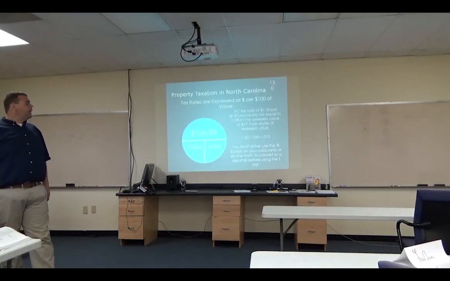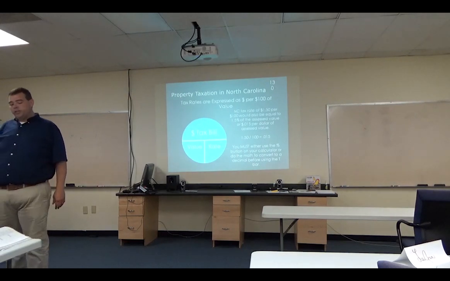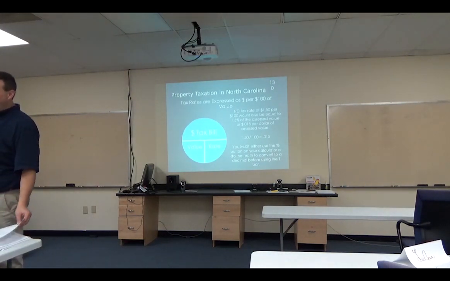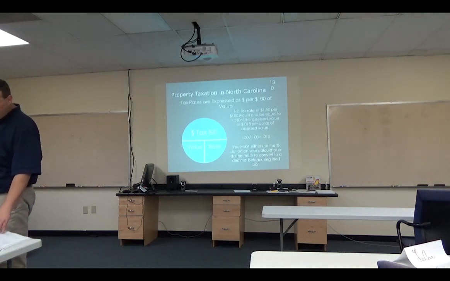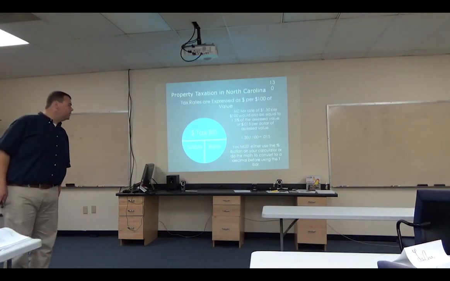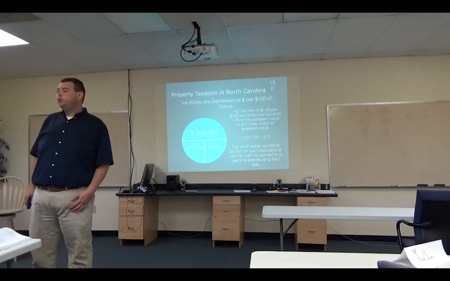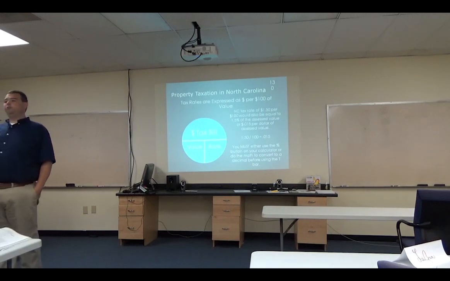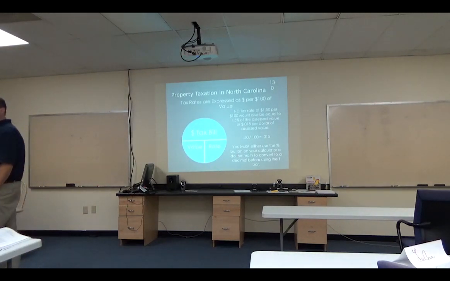All right? Now, in North Carolina, we have tax rates that are stated in dollars per $100 of value. That's the way the state chooses to give us our property tax rate. It's a dollars per 100. Well, the good news for you is your calculator has a dollars per 100 button on it, and they didn't tell you about it. Anybody want to guess what button that is?